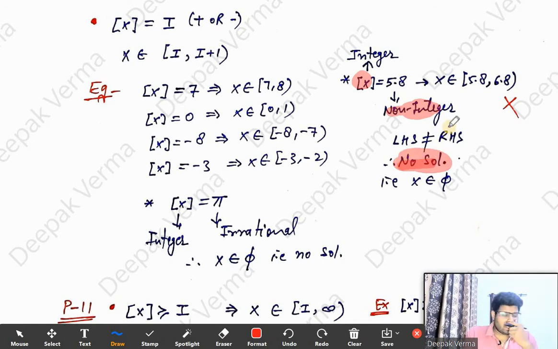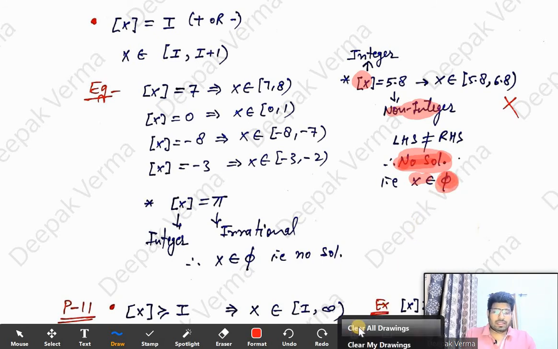And in mathematics, no solution is also a solution. Why are we saying so? Because in case of objective questions, one of the options will be no solution and that will be the answer. That will be the solution of that question. Got it? So no solution means we can write x belongs to phi, or we can say null set. Phi is also called null set.